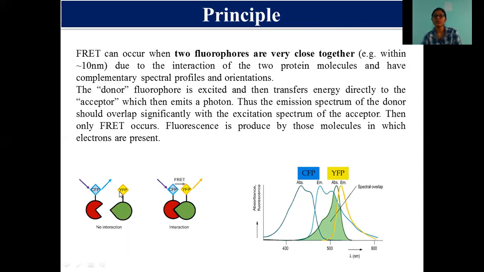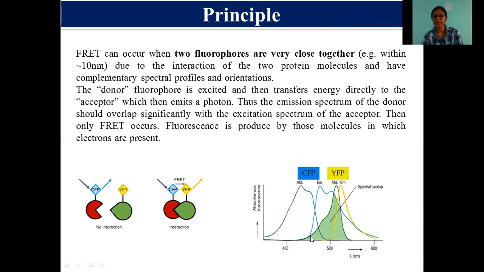Whatever fluorescent molecule you are choosing to study the protein-protein interaction between two different proteins, that fluorescent molecule must have an overlapping spectrum. Must have an overlapping spectrum means here you can see the green portion, that is where you get the overlapping spectrum between the two fluorescent molecules, CFP and YFP.